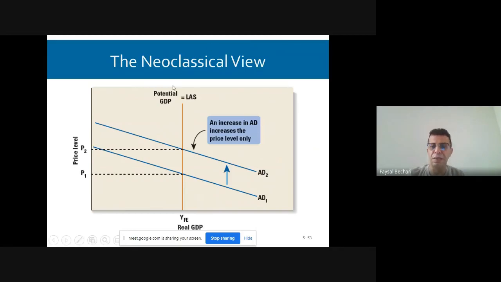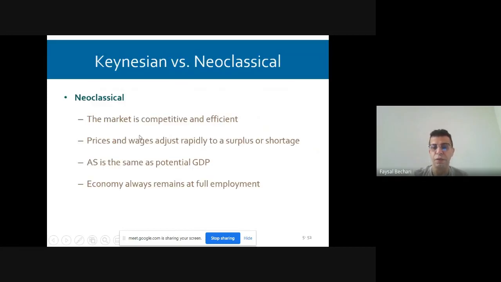The new classical view says that the market is competitive and efficient. Prices and wages adjust rapidly to a surplus or shortage, and there's always adjustment.